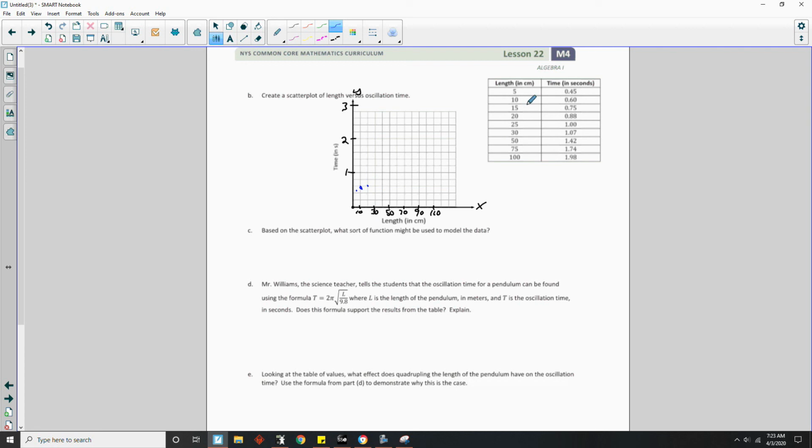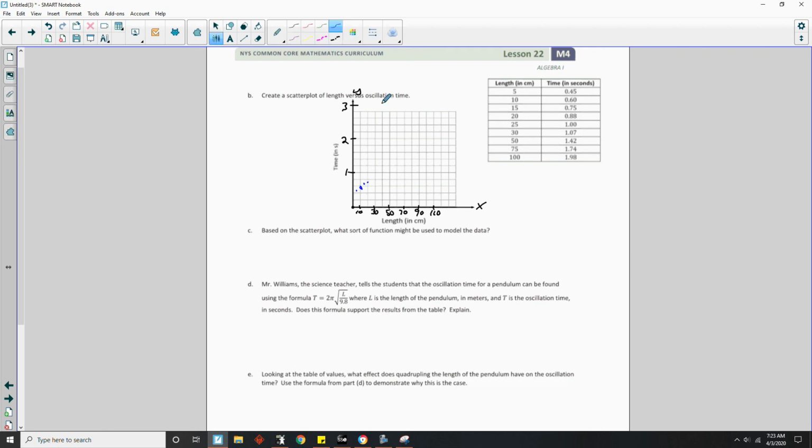Let's see, 20, 0.88. That was 15. Let me move that over just a little bit. So this should be like here. And then 20 was 0.88 up here. And this might be up just a hair. Put that there. So this is a little tricky.